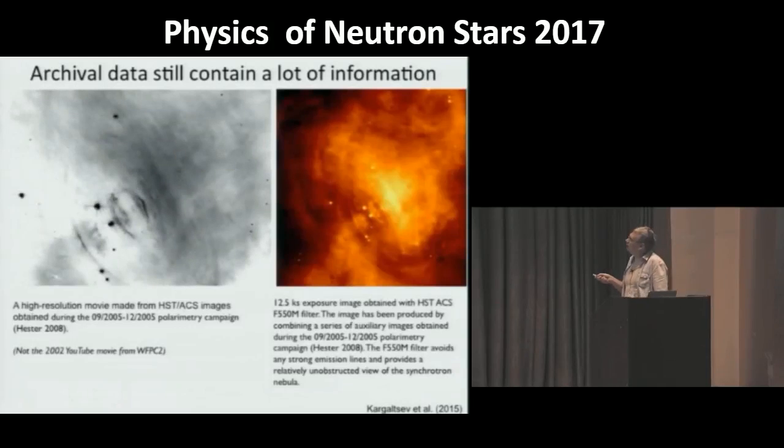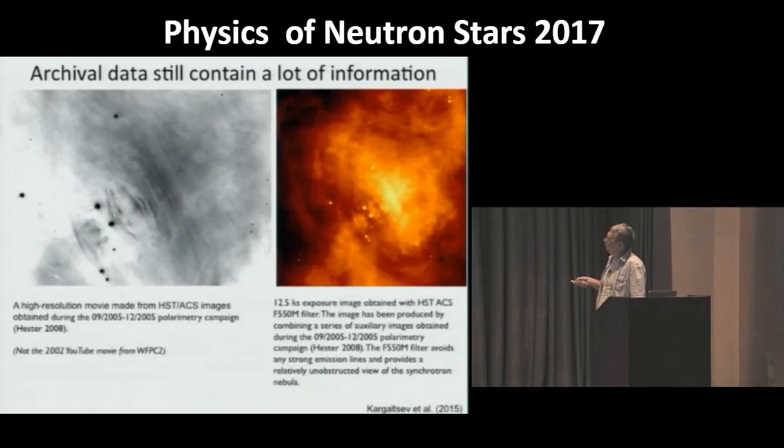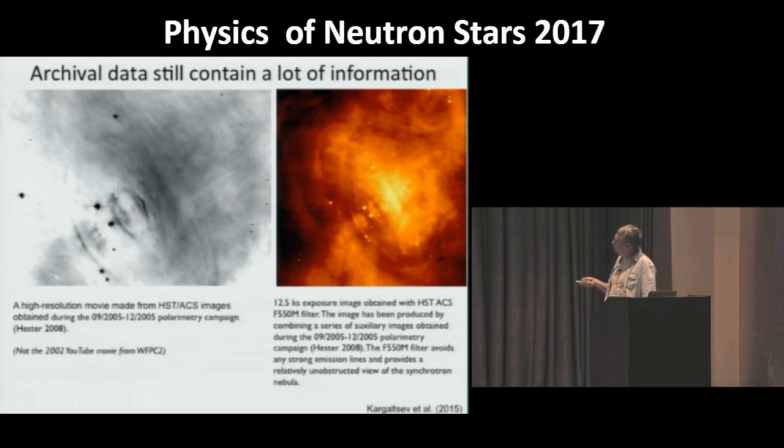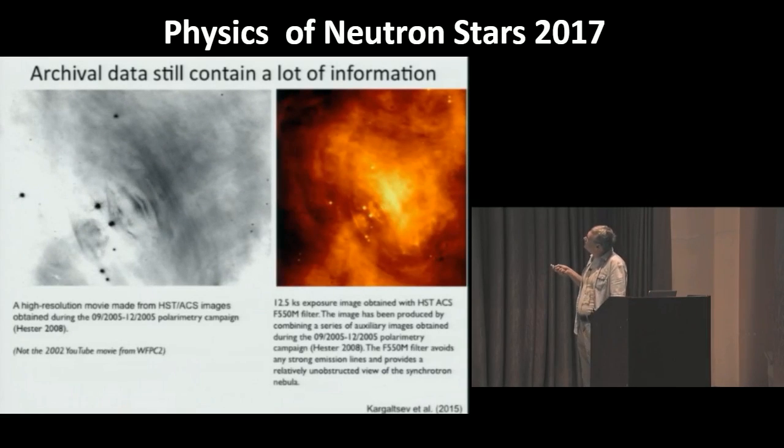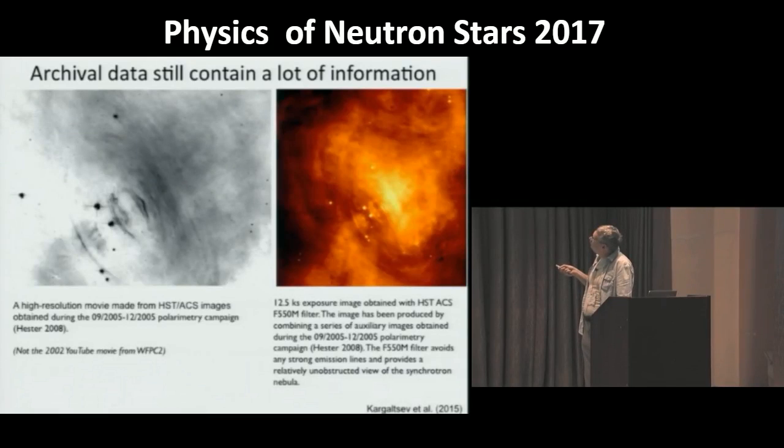Thankfully, we can track these wisps very well, thanks to HST. This is not the YouTube movie. That's the movie that I made from the HST ACS images that were obtained during a later campaign than that movie. So here you can see that some of the wisps are not moving. You can actually measure how they slow down with the distance from the pulsar.